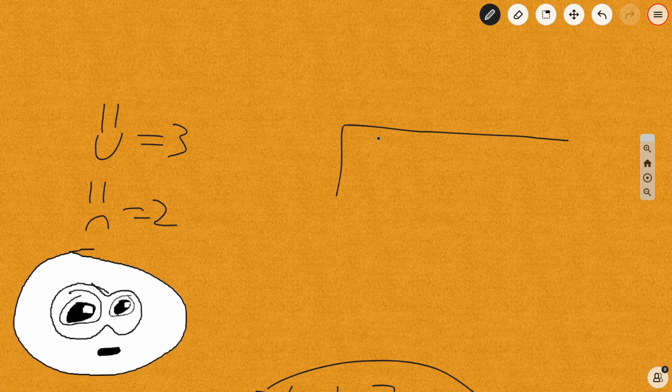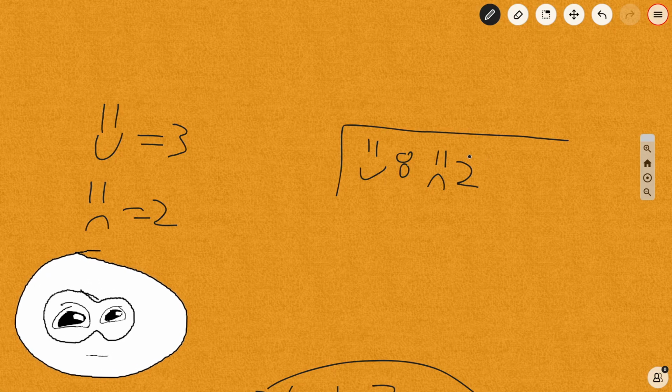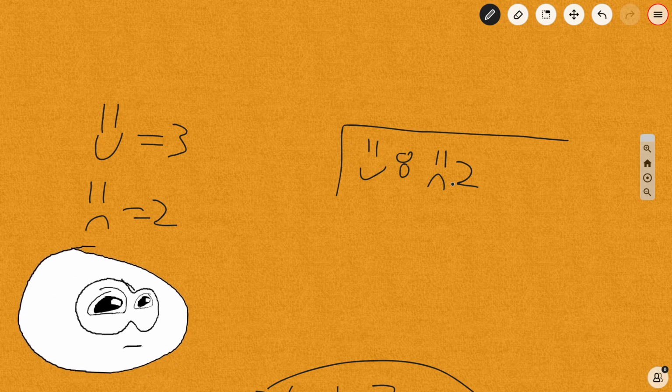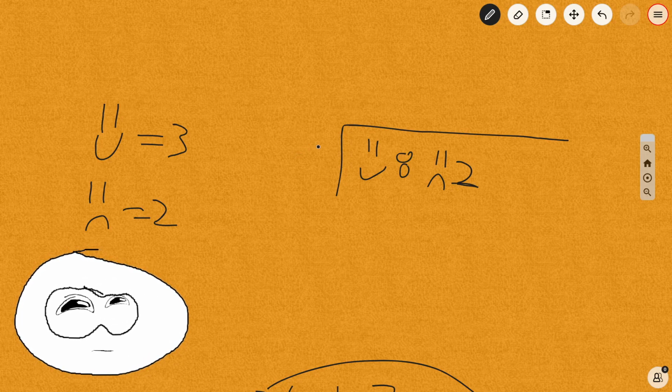So if you had something bizarre like smiley face 8, frowny face 2, you could leave another 2 in there. That's fine. And then we have it divided by 4.